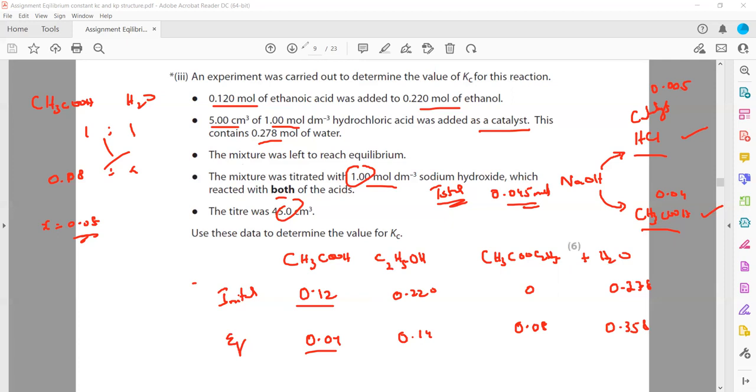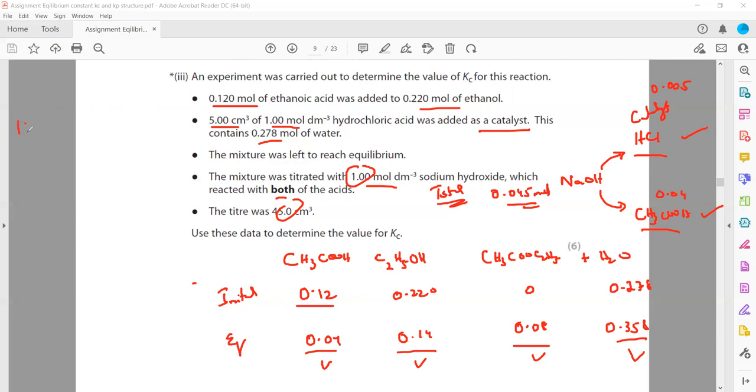But for this question, it does not make a difference. Why? Because I can also substitute the moles and I will get the same answer. Why will I get the same answer? Because when we write the expression for Kc, if I say the total volume of the solution is V, we divide all of them by V to get the equilibrium concentration.